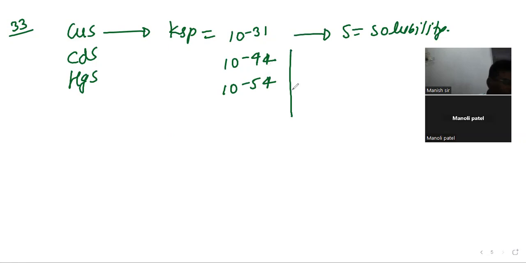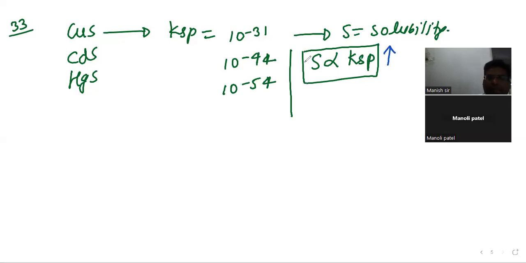So here we can also draw the conclusion: the higher the value of the solubility product of the salt, the higher will be the solubility. So S is directly proportional to KSP, right? As we know, the more the solubility product, the more will be the solubility.